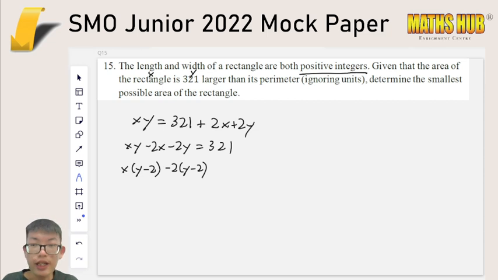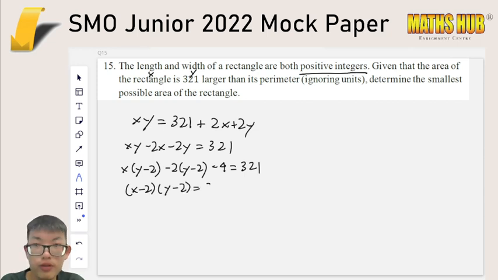Now, of course, this is not the actual factorization because one extra term, which is plus 4, has shown up. So just like completing the square, we need to return it back, minus 4. And now I'll shift this over while also factorizing this portion in full. So x minus 2 times y minus 2 equals 325.